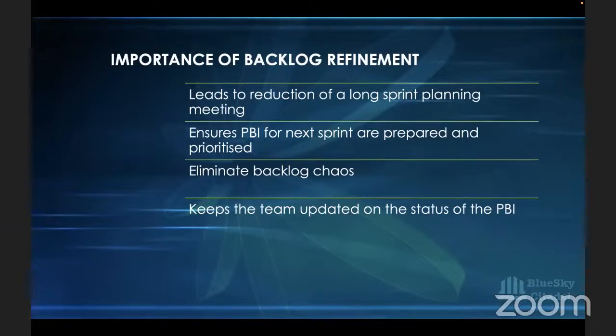So all those clarifications I was talking about in the sprint planning, all those questions that the development team would have, they've already clarified in this backlog refinement. So when you come for your sprint planning, it's relatively very short. You just come and estimate, and then they move it to the sprint backlog.